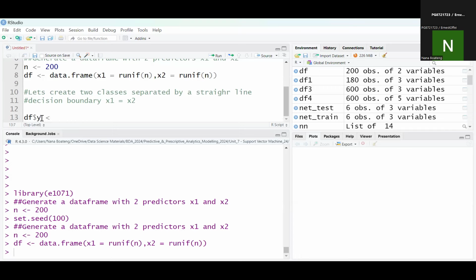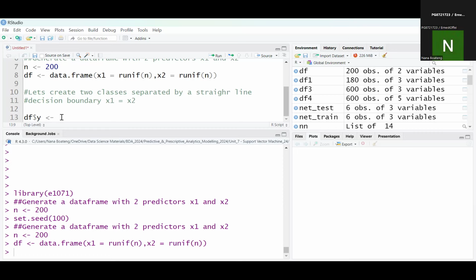What we want here is that our DF... Why are we putting Y? We want the line... Let me finish the code and then you will understand.